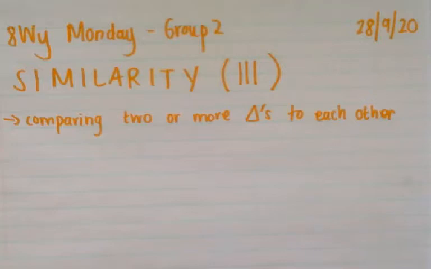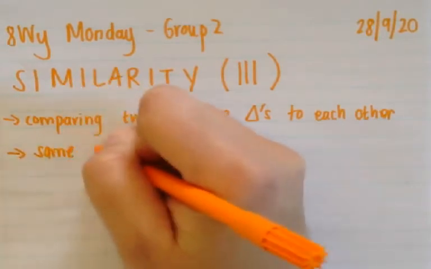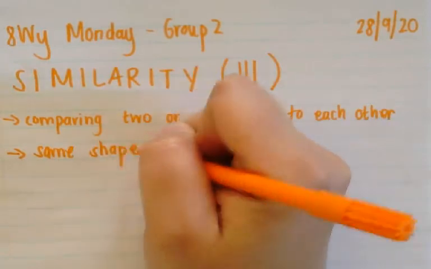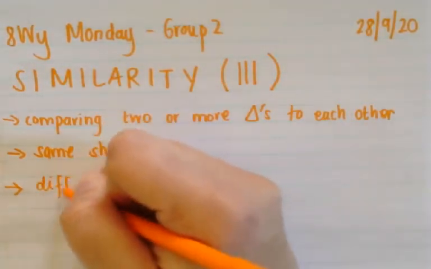It must have the same shape. Could it be any other shape? Yes, it could be, but it becomes more complicated to prove. So we just do triangles because then it's only three things we have to prove. With a quadrilateral, it's 4 things that we have to prove that they are similar. So we want the same shape, but they can be a different size.